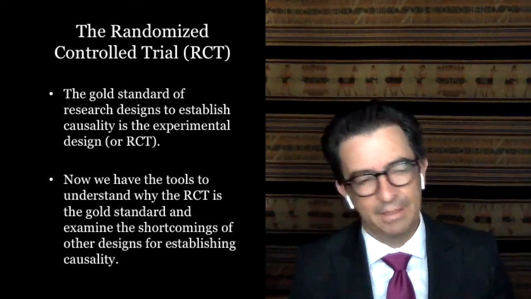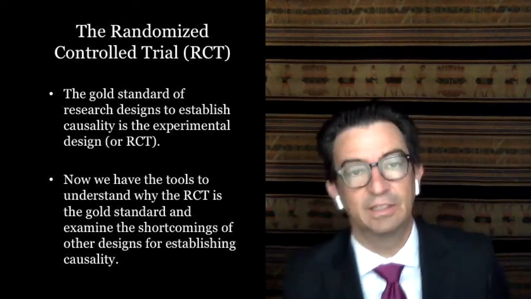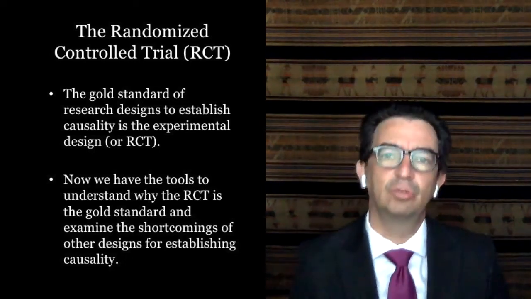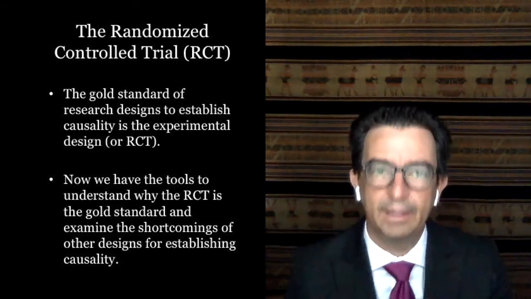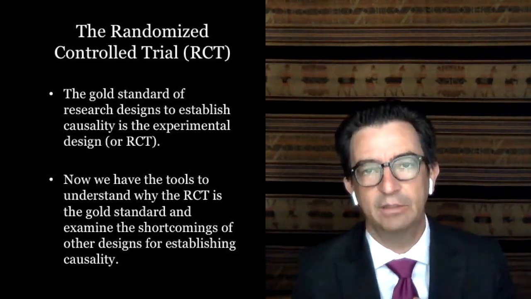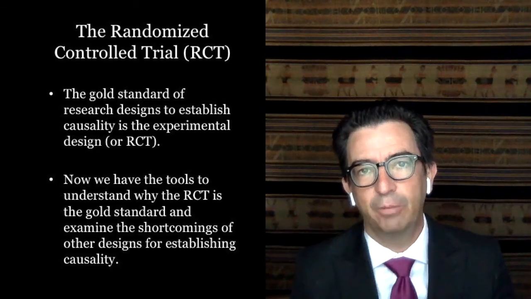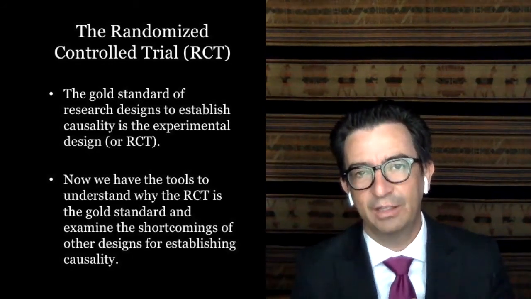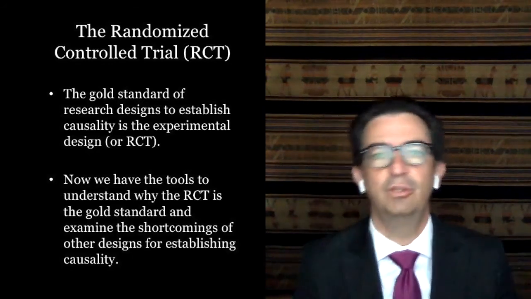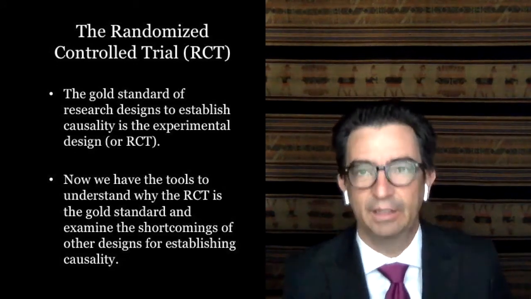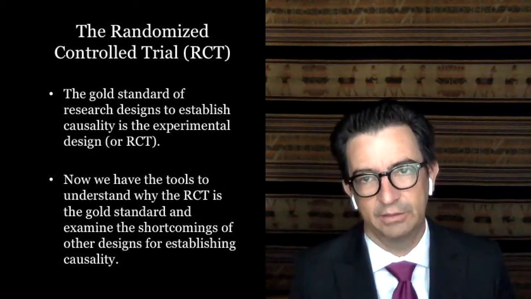At that time, we just took this as a given. But now we have the tools to understand why the randomized controlled trial is the gold standard. And more importantly, we have the tools to understand what would happen if we use some type of different design that was not the randomized controlled trial design.